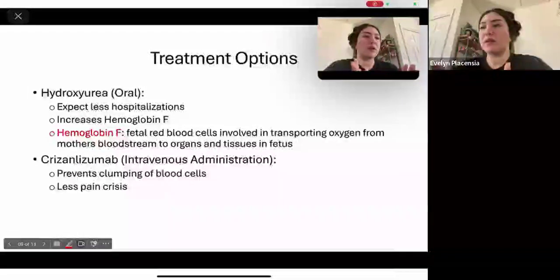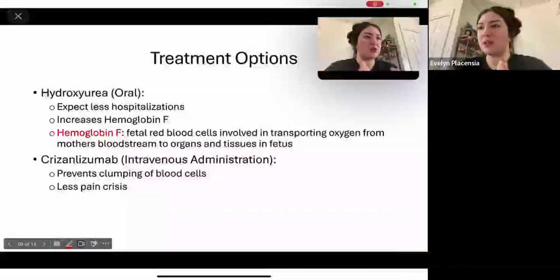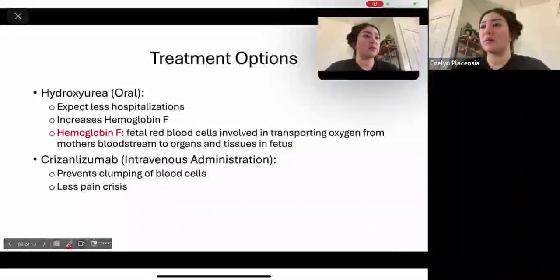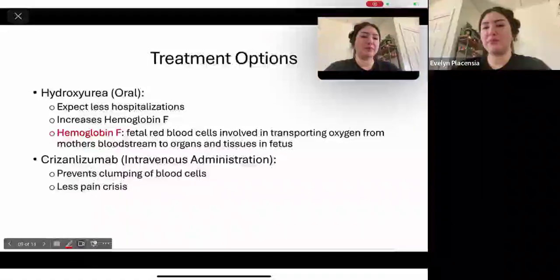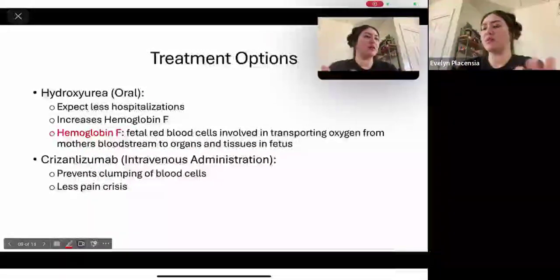We know that the sickle cells, when they become rigid and stiff, also become sticky, and that's the reason for the blood clots and the clumping of the cells. So this medication helps prevent that, and also prevents pain crises and lowers the possibility of clotting, as I just mentioned.